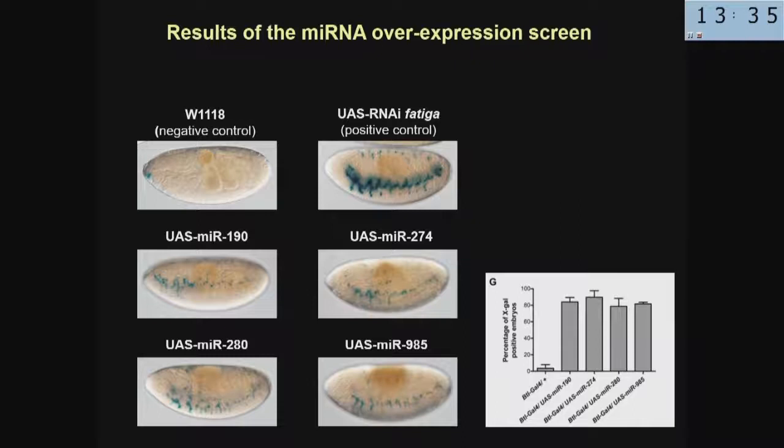The rest of the talk will be focused on the activity of miR-190 and how it regulates the response to hypoxia. Here you can see the quantification. All these microRNAs indeed induce the expression of the hypoxia-inducible reporter at very high frequency.